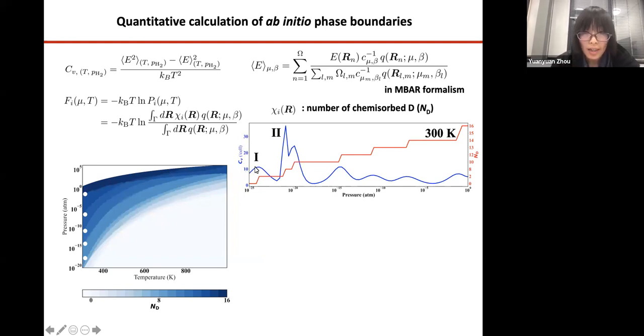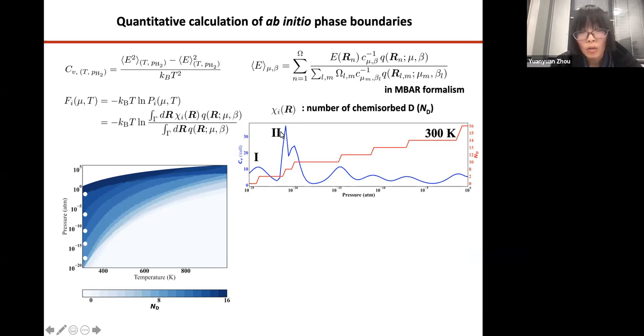The blue curve is the heat capacity as a function of the deuterium pressure at 300 Kelvin. And the red curve is the chemisorbed deuterium number as a function of the pressure at 300 Kelvin. Each peak corresponds to a phase transition, and the temperature and pressure where the peak is located is marked as a white dot here.